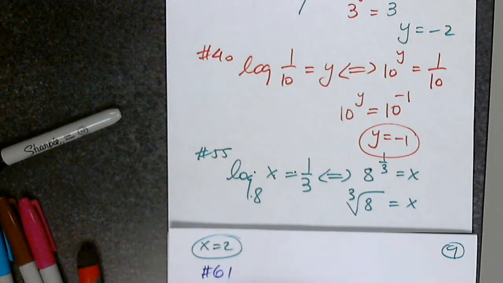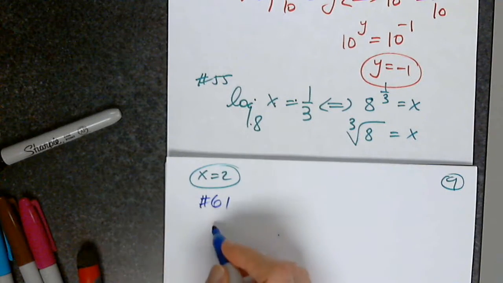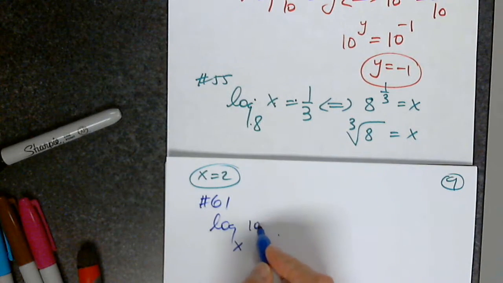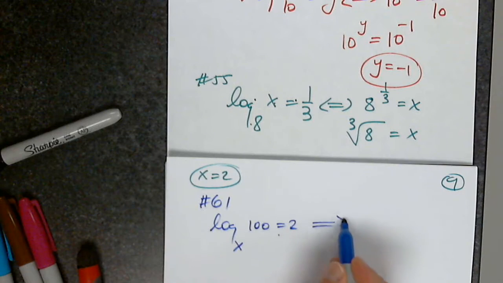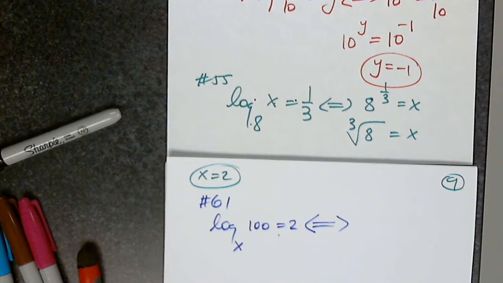Number 61. Log base x of 100 equals 2. How do I solve this?